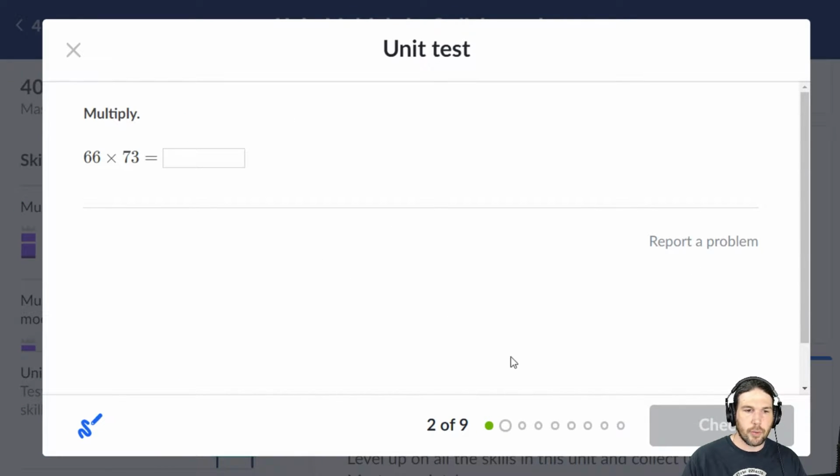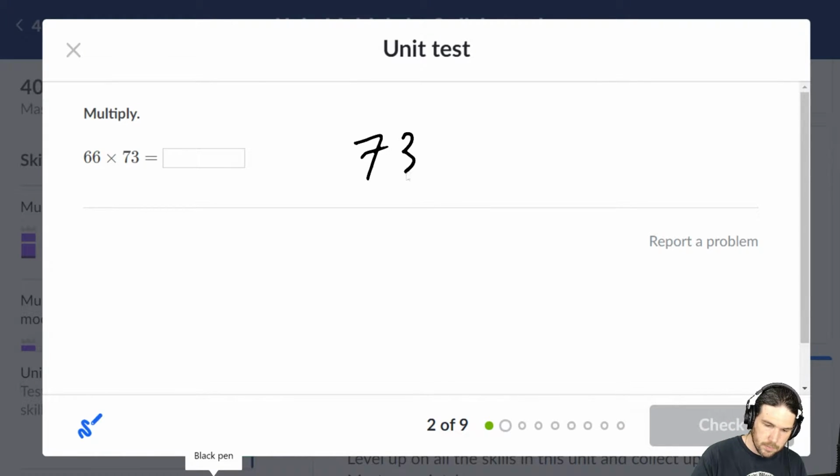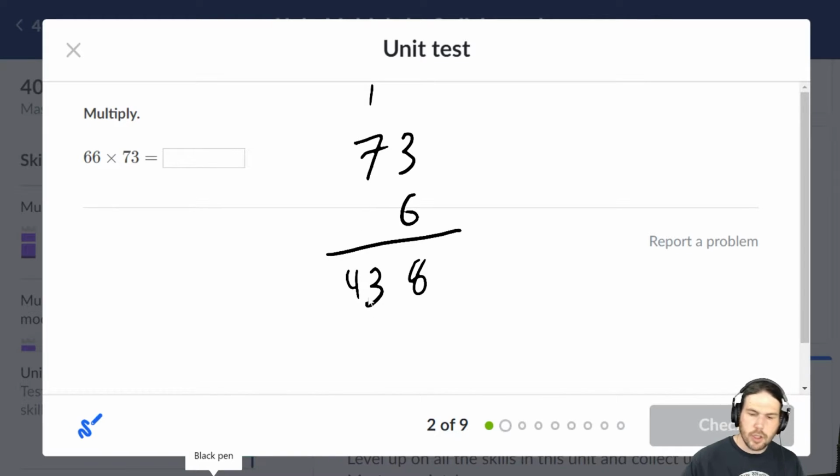66 times 73. So 73 times 6 is 438. 73 times 60, therefore, is 4,380.